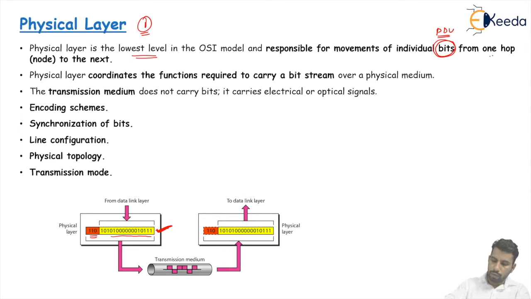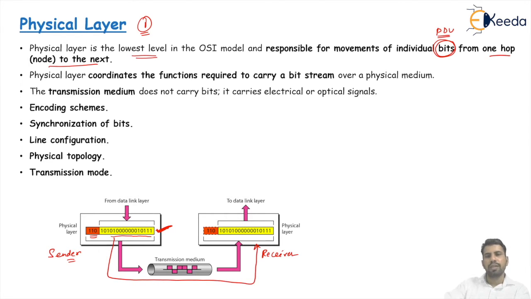From one hop to the next hop. If this is the sender side and this is the receiver side, this bit stream movement from one node to the next node, or you can say from the sender to the receiver, is the responsibility of the physical layer.